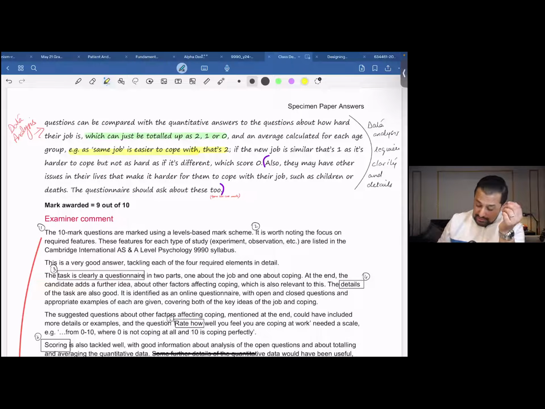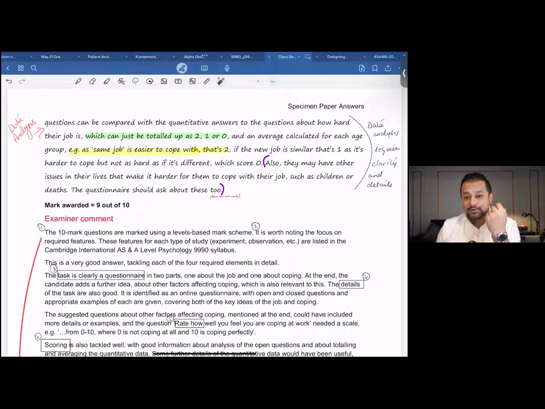Now, this is a piece of additional information, an additional suggestion, I'd rather say. Also, they may have other issues in their lives that make it harder for them to cope with their job, such as having children or death. The questioner should ask about these as well. So this response contains this part that I've marked over here in purple.